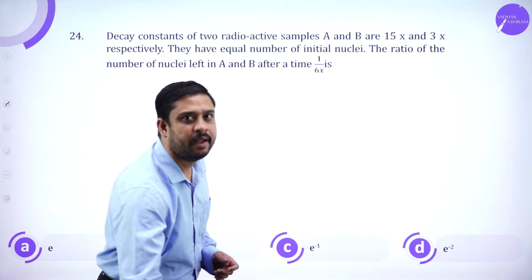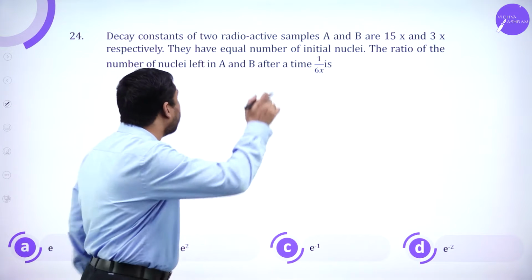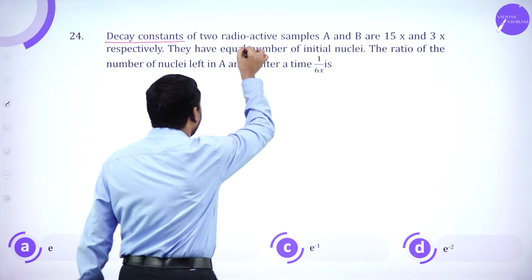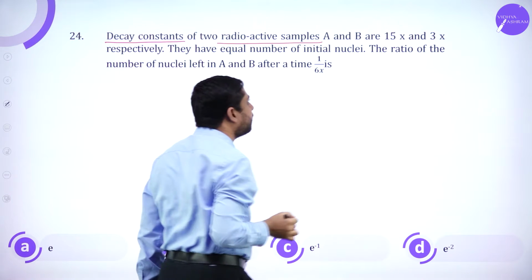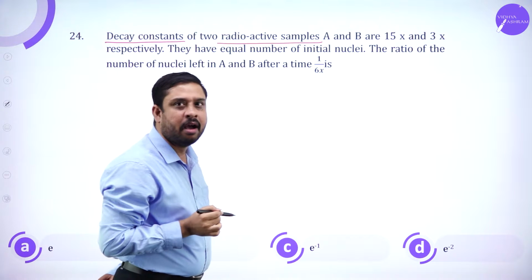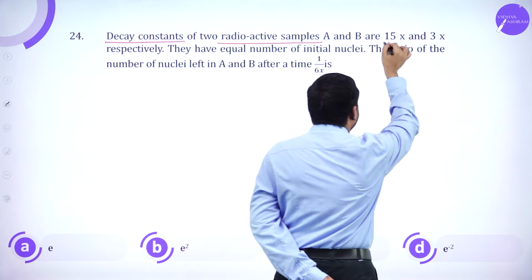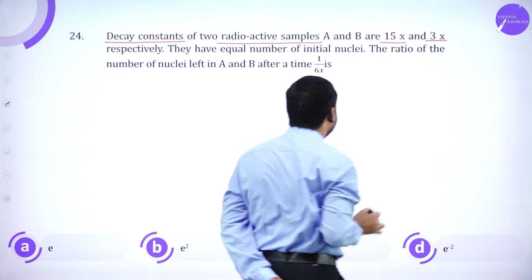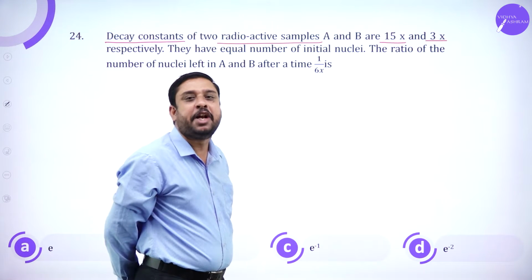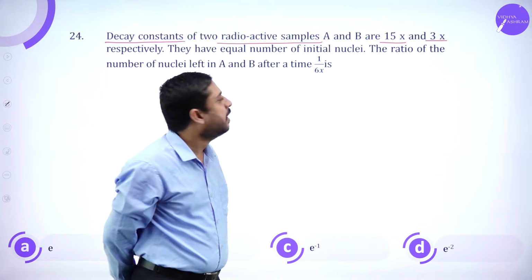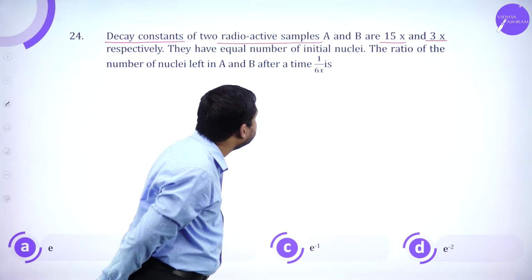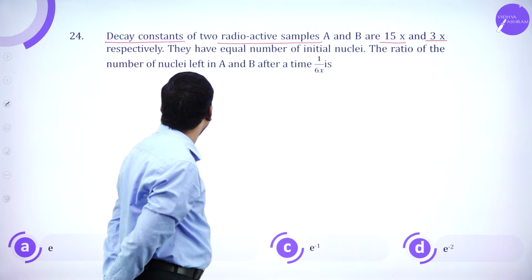Next one. Decay constants of 2 radioactive samples A and B are 15x and 3x respectively. Their decay constants are 15x and 3x.